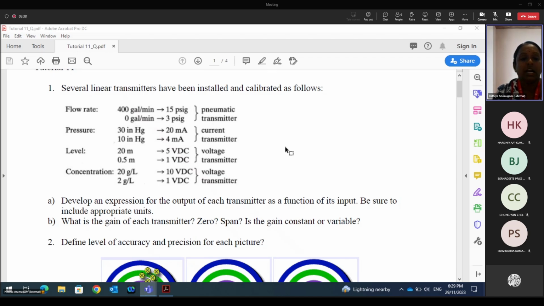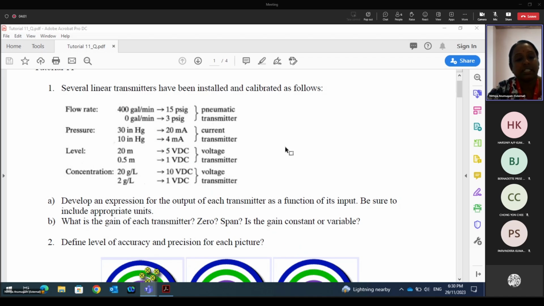For example, it is designed for a specific type of sensor. So if flow rate, then this particular transmitter will only function for flow rate adjustment. Most commercial transmitters can adjust based on their input range, or we call that span, of that particular sensor.